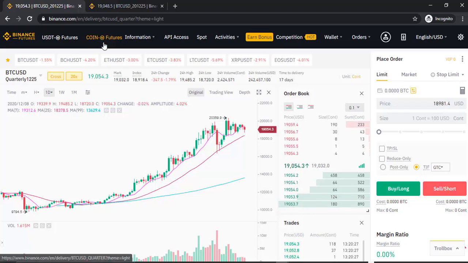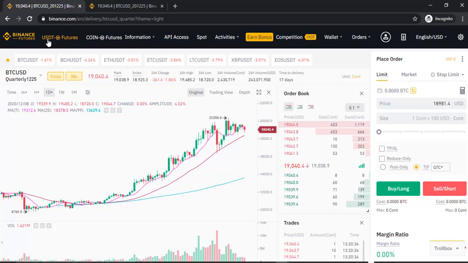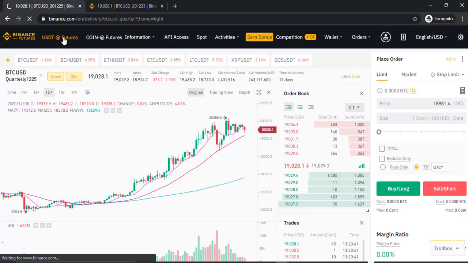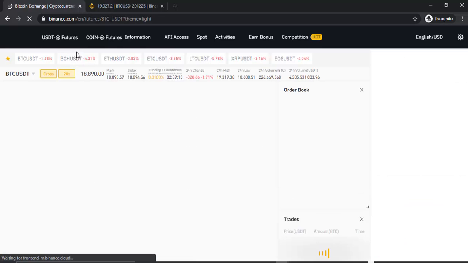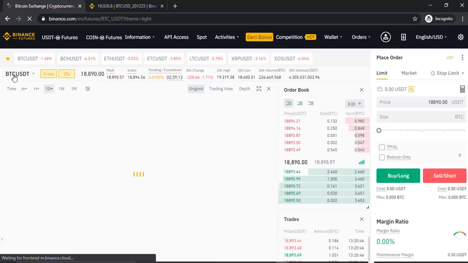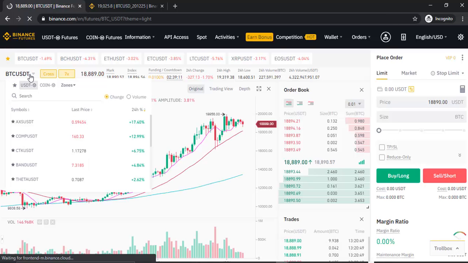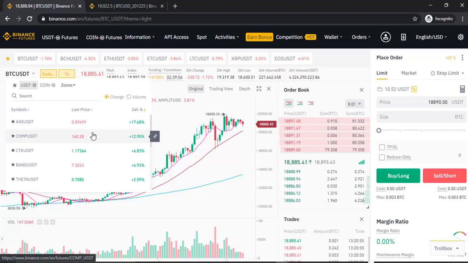If you want to change from one futures type to the other, you can also do it from here. As you can see, this is it, USDT margin futures and coin margin futures. If you click here, you see that only the USDT pairs are shown. So this is BTC USDT. Basically the same procedure is followed in trading any of the pairs.